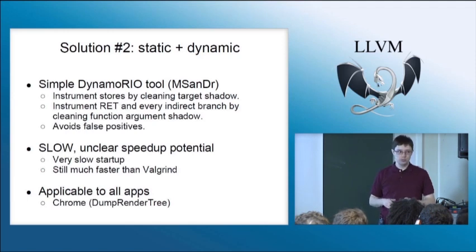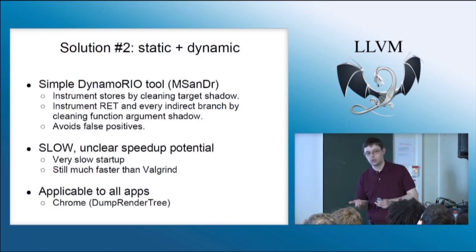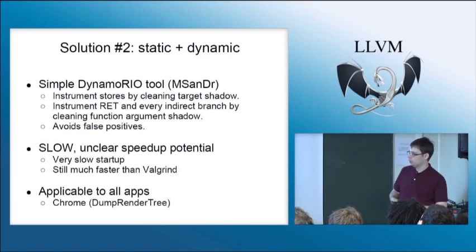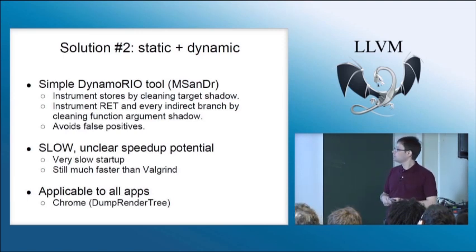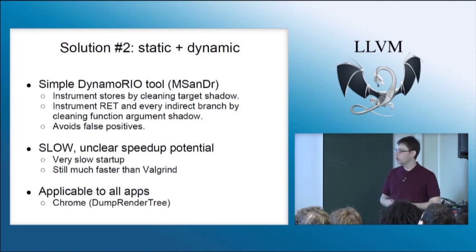This way we may lose some bugs if, for example, some uninit value is passed through the library and returns back initialized, but at least we get rid of false positives. Like all dynamic instrumentation tools, it has especially slow startup, and even for long-running programs, it adds roughly 2x CPU overhead. But this is a way to get something running fast.